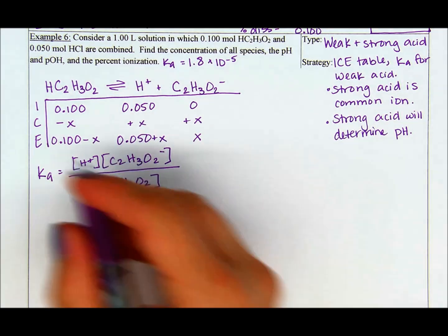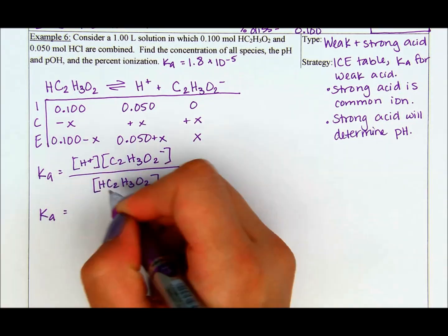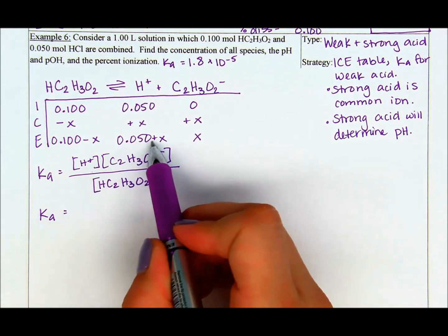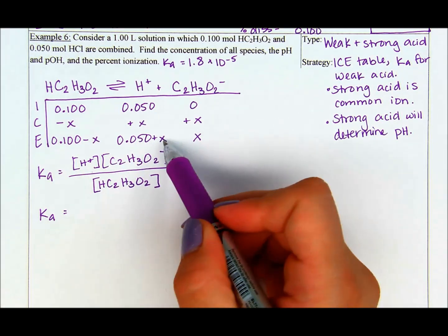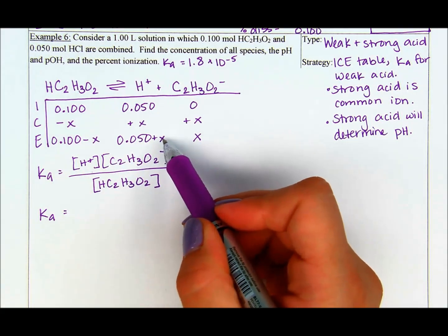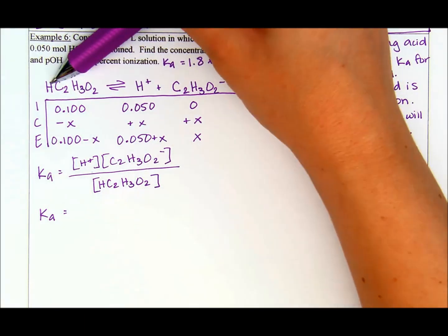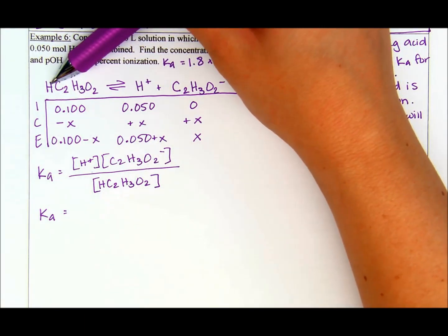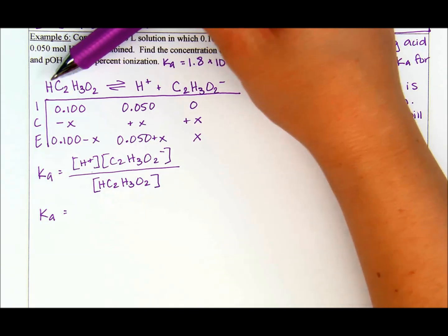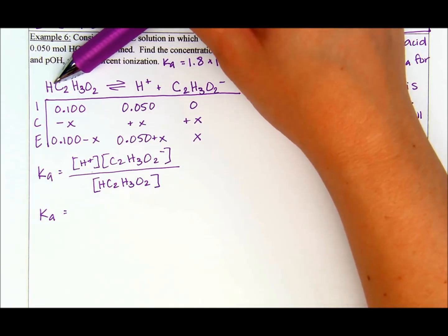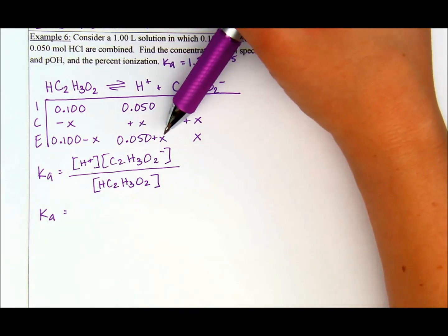Okay, plugging in my numbers for this. Ka equals my H plus, which is right here. Now the H plus, we're going to go ahead and ignore this plus X because really the amount of hydrogen that comes from this acetic acid, this vinegar, is nothing in comparison to hydrochloric acid.